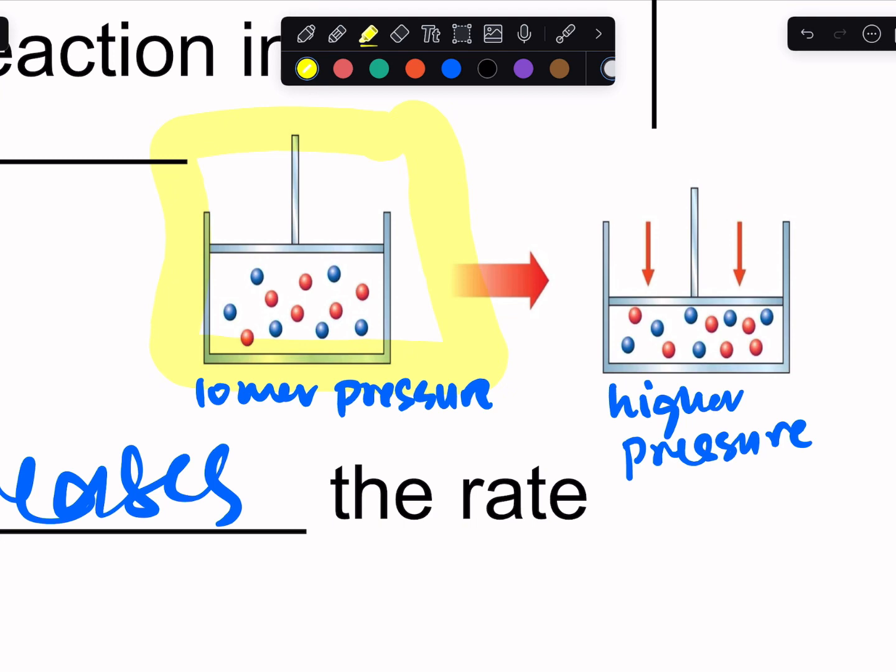more gaseous particles. So what we see is when I increase the pressure by, say, reducing the volume, the particles are now closer together. And when they are closer together, or we can say there are more reacting particles per unit volume, same as concentration, that means they will collide with each other more frequently.